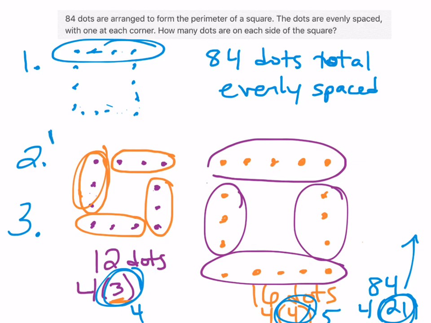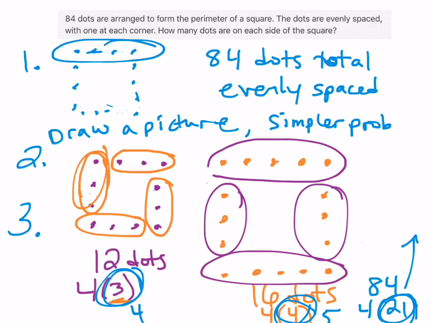Step 2, I tried drawing a picture, and looking for a simpler pattern or a simpler problem. And then step 3, I'm just going to show all of this work. Okay, so I'm carrying out that plan, drawing a picture and looking at simpler problems.